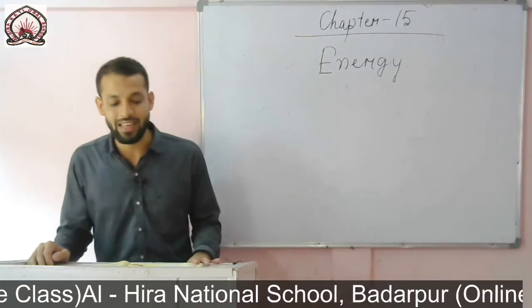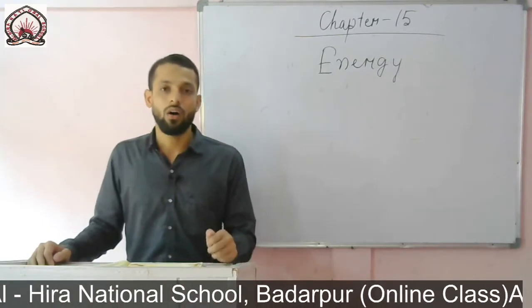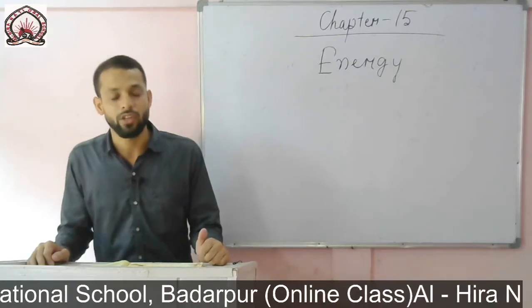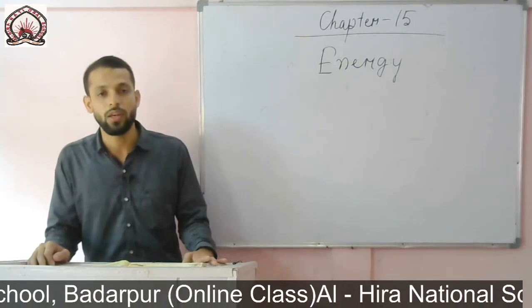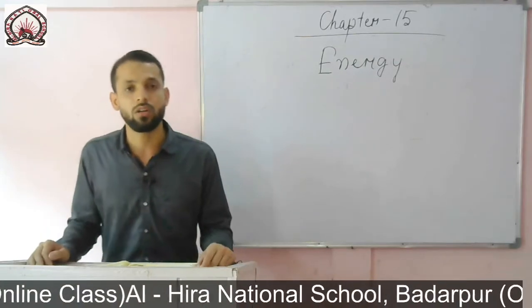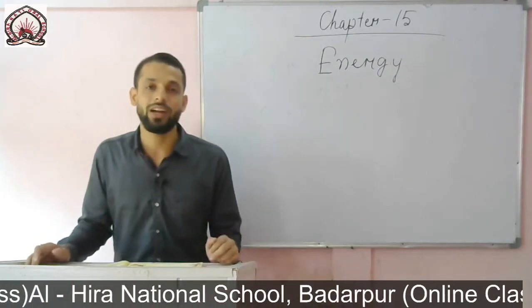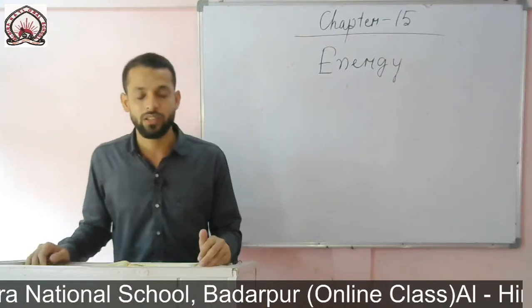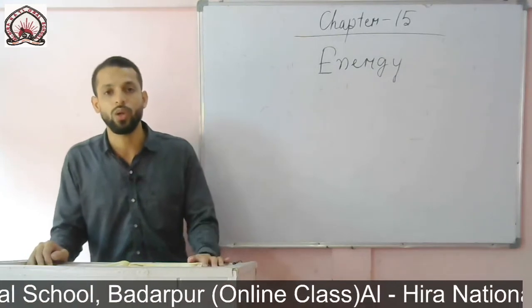So we know that all living beings require energy to live, to survive. Without energy the living beings cannot survive in this world. So where does the energy come from? The energy comes from the food which we take.